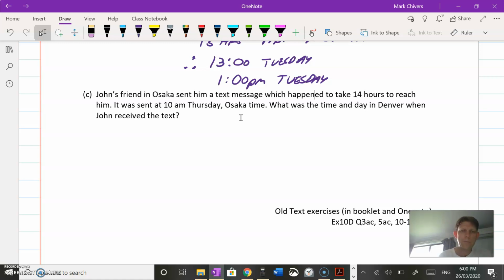So the 14 hours, just seeing how I'd write this down. I'll make that look a little bit neater. 14 hours to arrive, but 16 hours earlier.